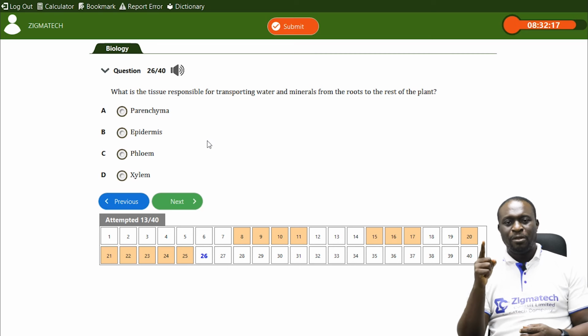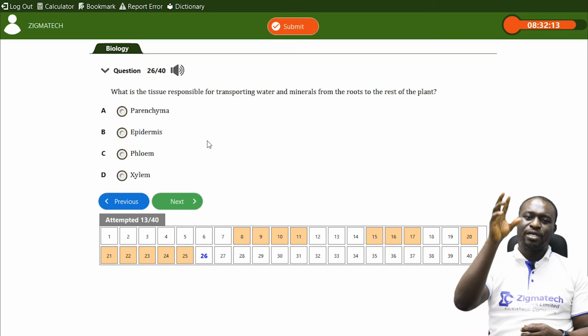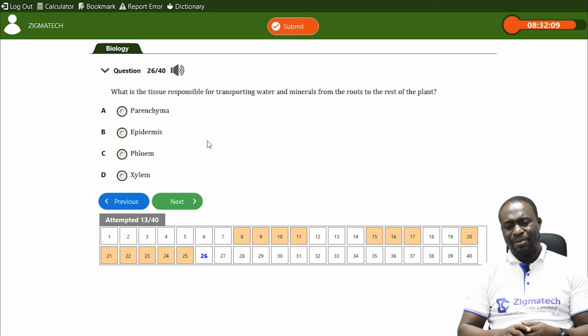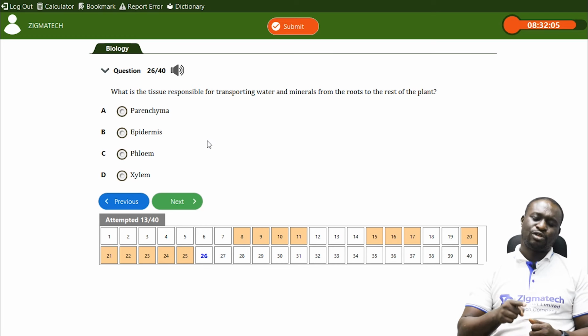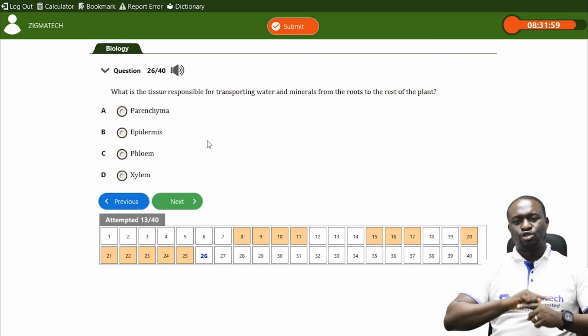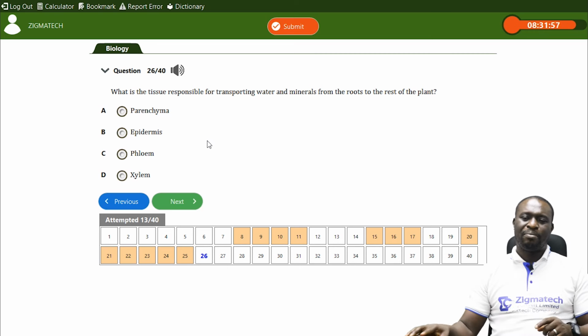But the phloem transports or conducts manufactured food from the leaves to the roots and other parts of the plants and not water, while the xylem transports or conducts water and dissolved mineral salts from the roots to the leaves and other parts of the plant. So the correct answer to this question is option D.